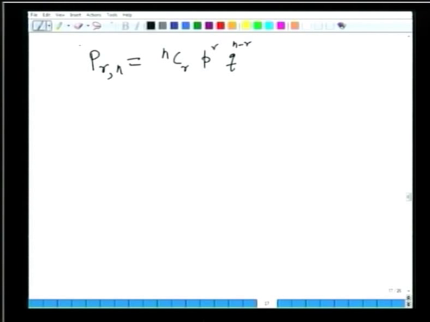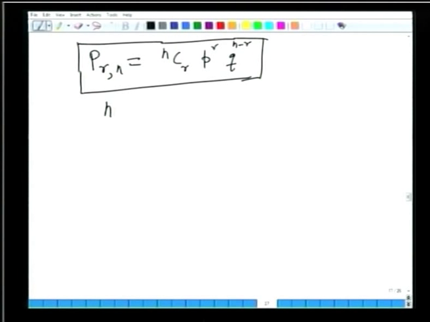So this is the final result. I do not want to go into its derivation. The probability of occurrence of an event r times in n successive years is given by this formula, where nCr is a combination. From your knowledge of permutations and combinations, nCr is given as n factorial divided by (n minus r) factorial times r factorial.